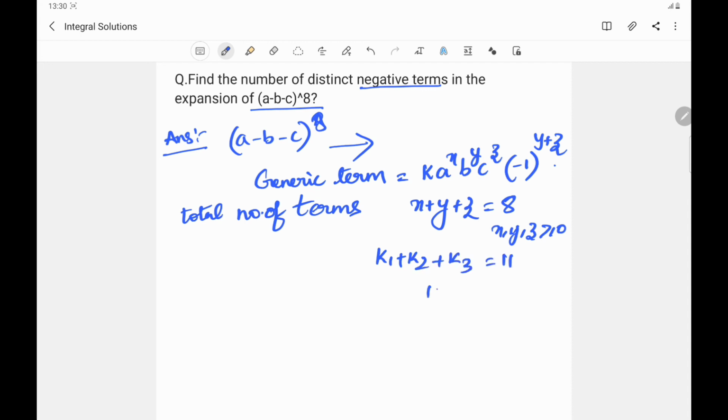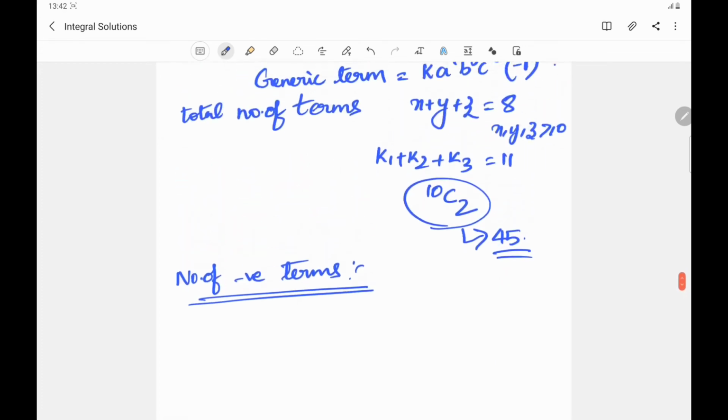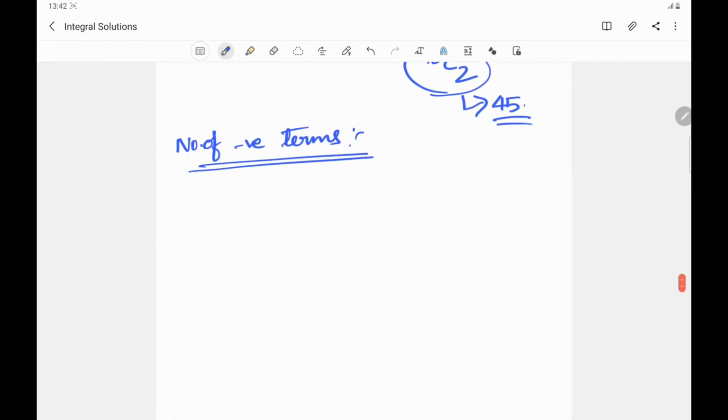There would be 10 gaps, so I'll select 2, which is similar to the earlier question. So you are going to get total number of terms as 45. But we need to find the total number of negative terms.